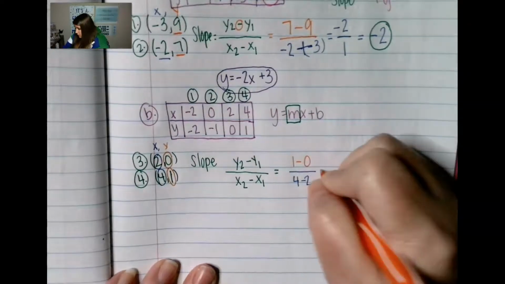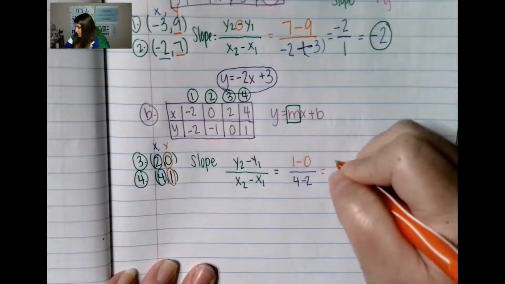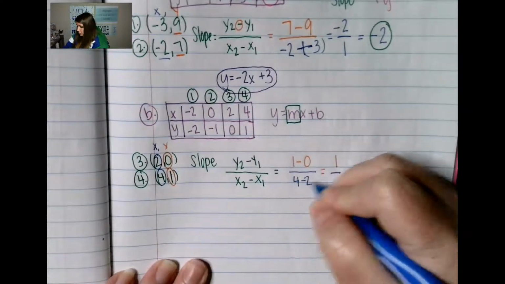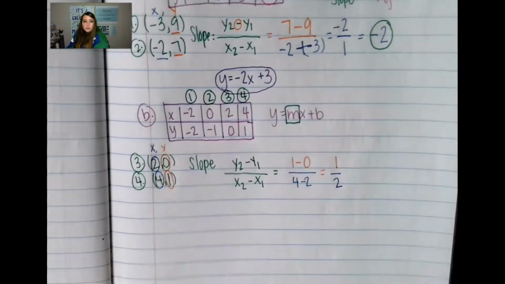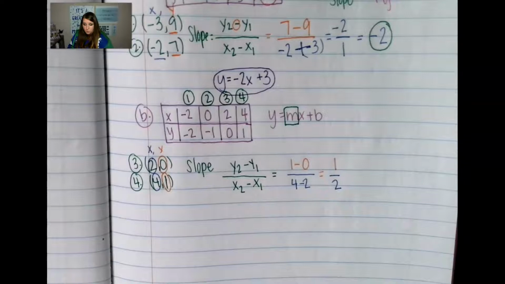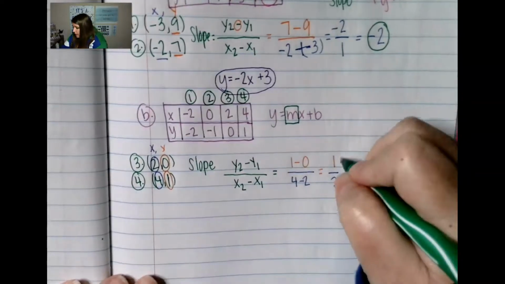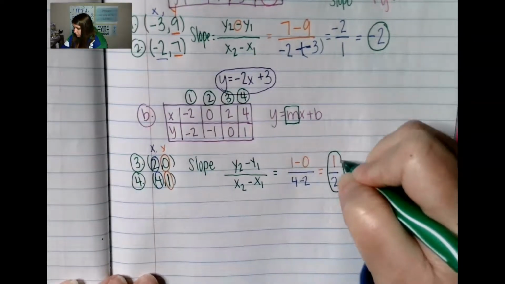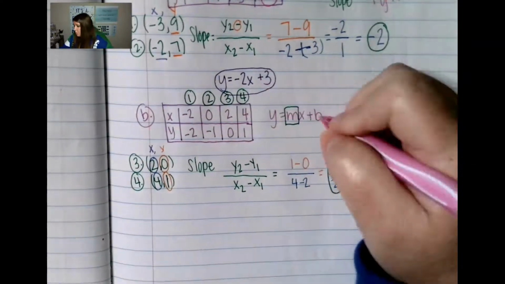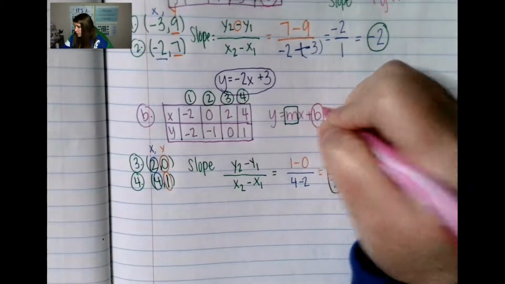We're going to subtract, so 1 minus 0 is 1, and 4 minus 2 is 2. So in this problem, my slope is 1/2. So now I need to look for a y-intercept.